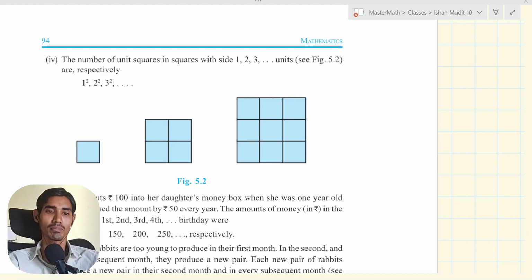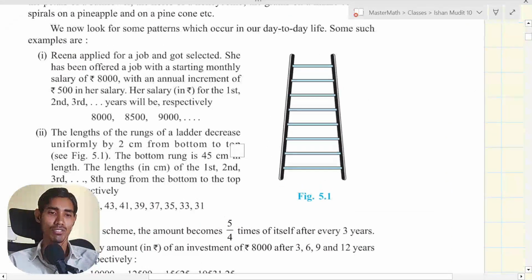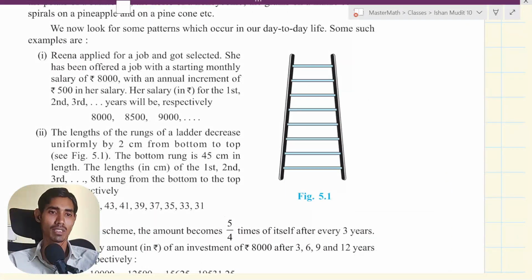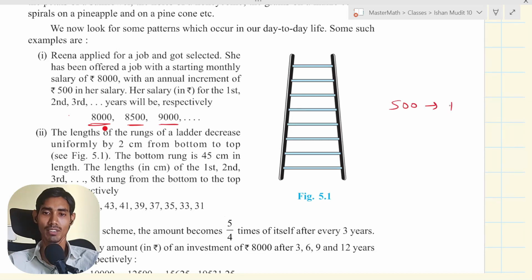Now if you notice, the difference of the consecutive terms here is the same. First is 8,000, 8,500, so it is 500. The difference is 500, right?